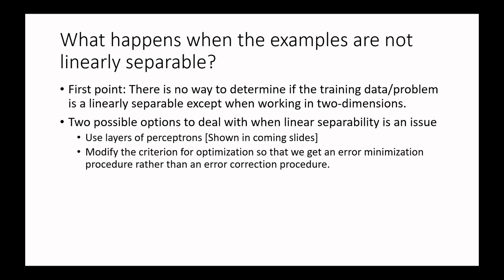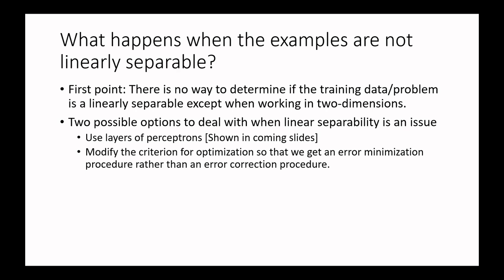So we take one or more neurons, take their output, feed that output to the next set of neurons, take their output, feed that to the next set of neurons, and so on. It turns out that if we have layers of neurons, then we can deal with nonlinear problems.